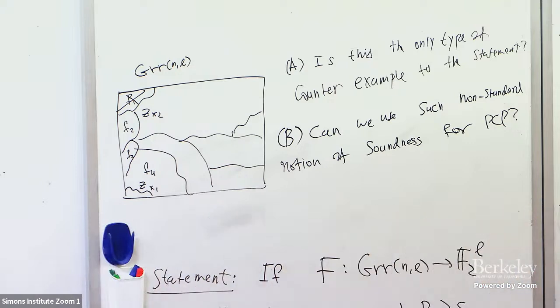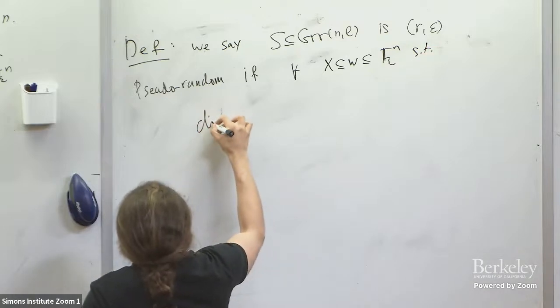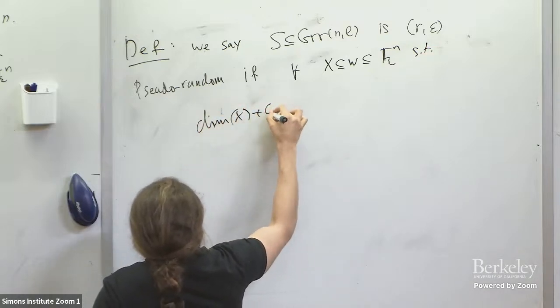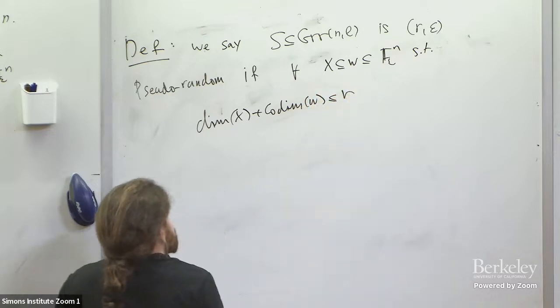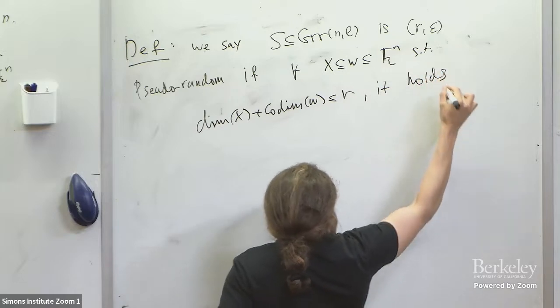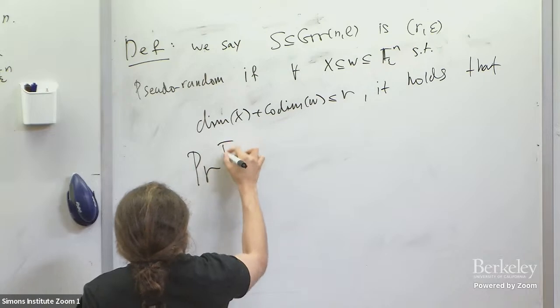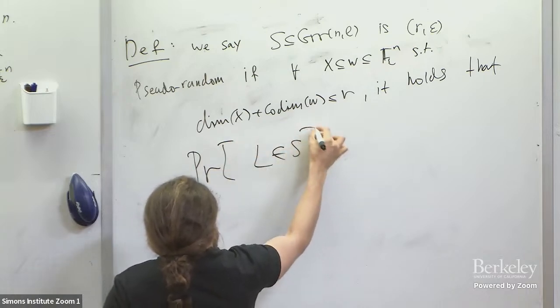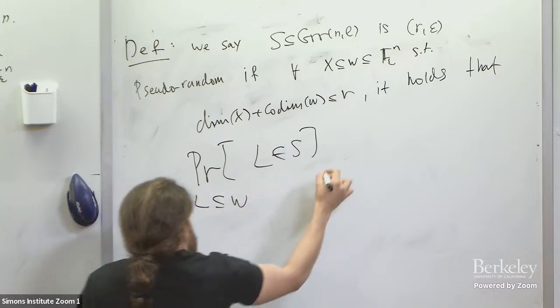So if for every pair of subspaces X, W such that the codimension of W is at most R, it holds that the density of S in that set is at most epsilon.